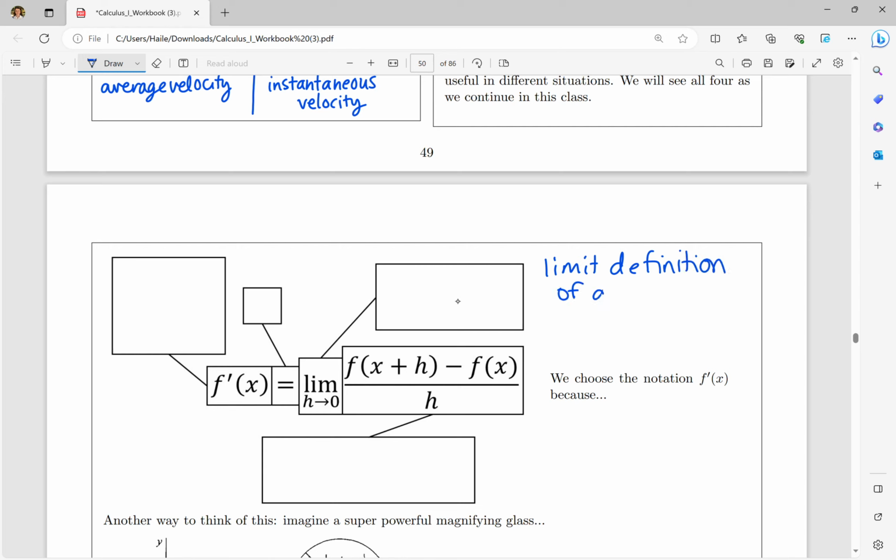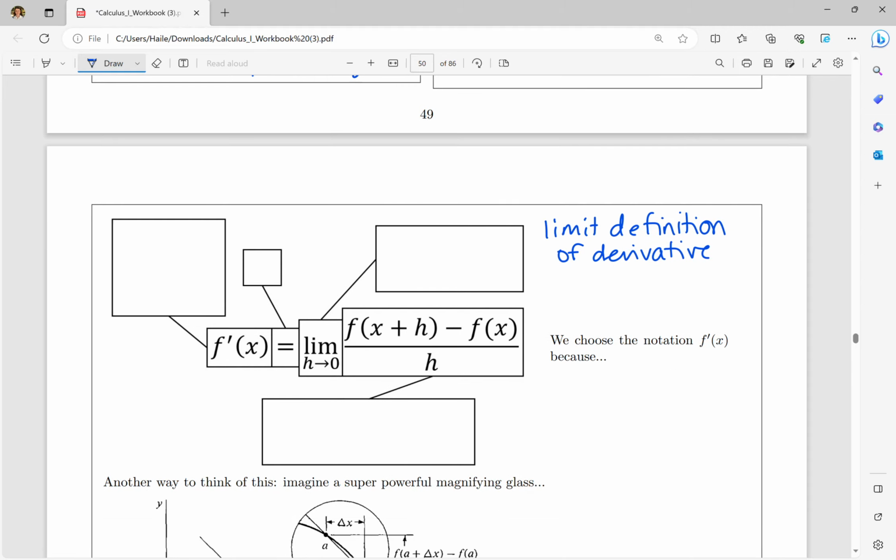So let's take that sentence from the warm-up and see if we can match it to parts of this formula. f prime of x we know is the derivative of the function f. Equals always means is.